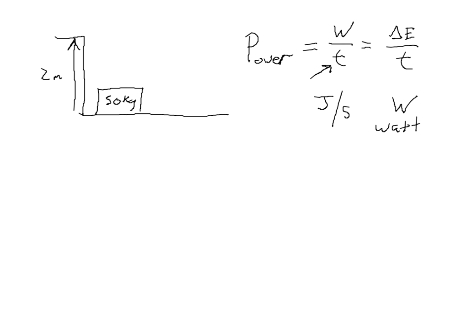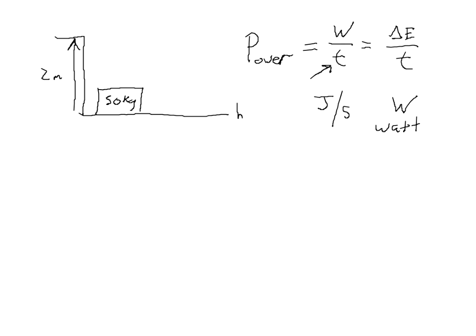Okay, so to do a quick example, how much power are we using if we move the 50 kilogram box of books 2 meters up in 5 seconds? Well, first, I need to figure out how much I am changing the energy of the box.